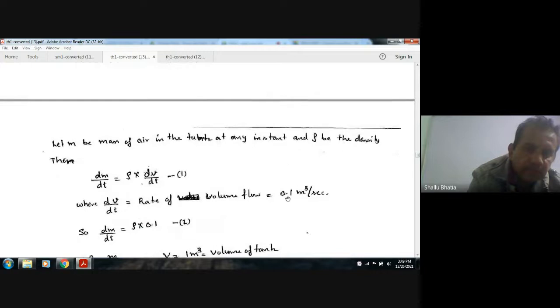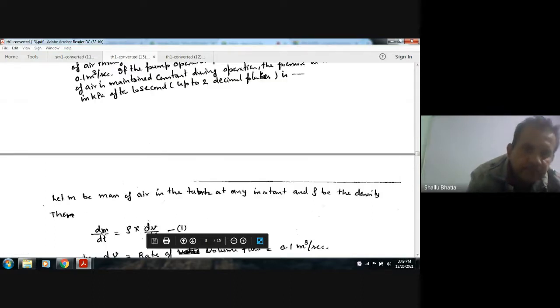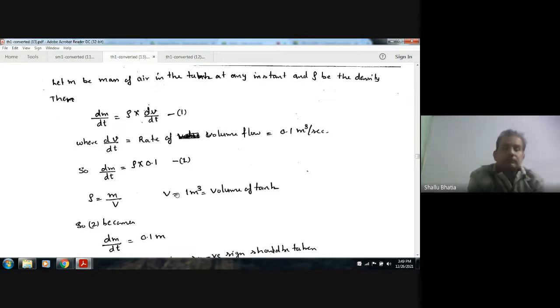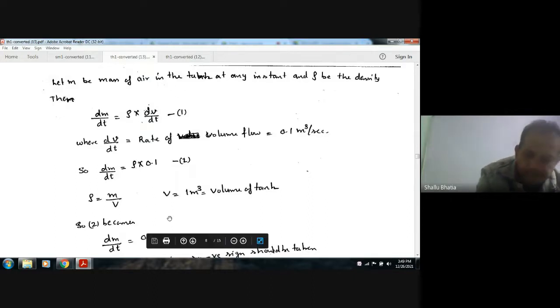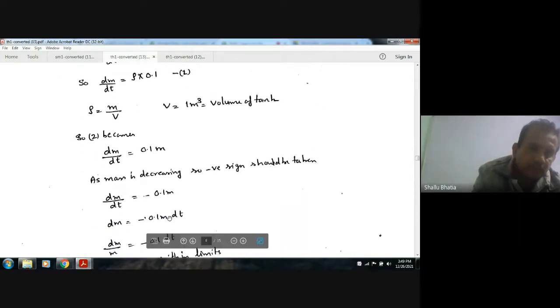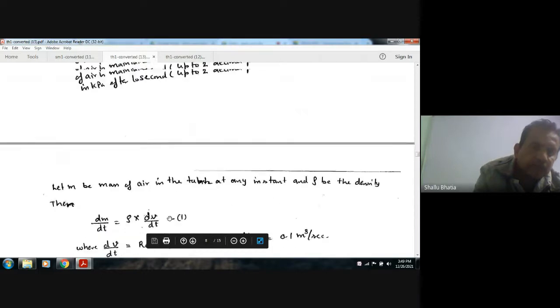So this is 0.1 and rho is density. So the change in mass per second is 0.1 into rho, and rho is m by V, because V is constant, that is a rigid vessel. m is the mass at any instant, so rho is m by V. So dm by dt is equal to 0.1 m.